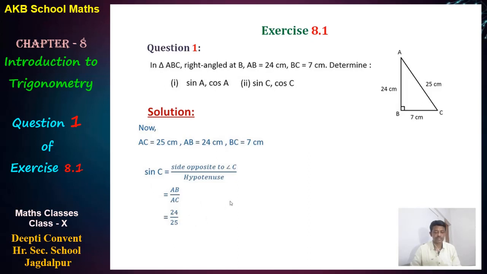Similarly cos C equals the side adjacent to the angle, that is the base by the hypotenuse, BC by AC, that is 7 by 25. So these are the values of sin C and cos C. This was the solution of question 1.